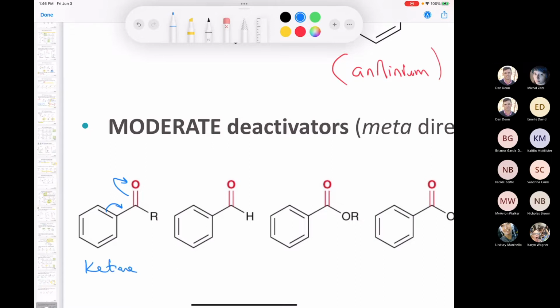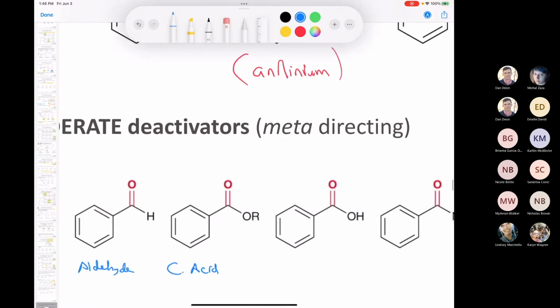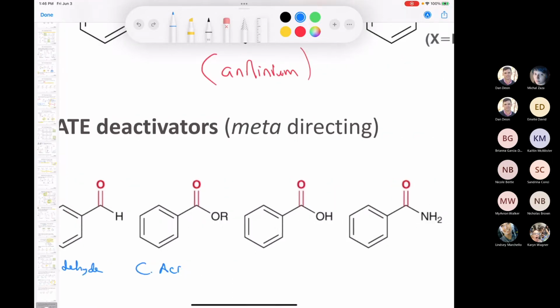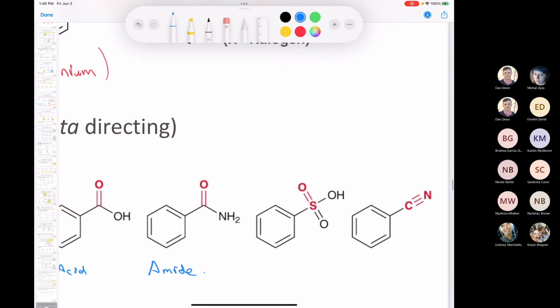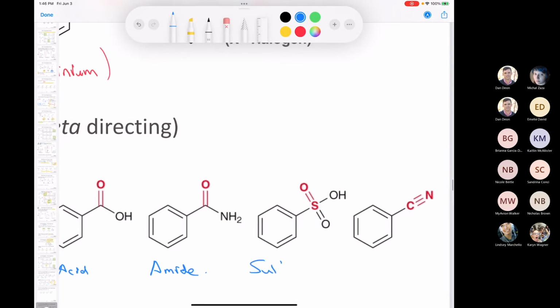So whether it's a ketone or an aldehyde, or a carboxylic acid, or, I guess, whether it's an ester or a carboxylic acid or an amide. And we learned this one just last class, I think, the sulfonic acid.